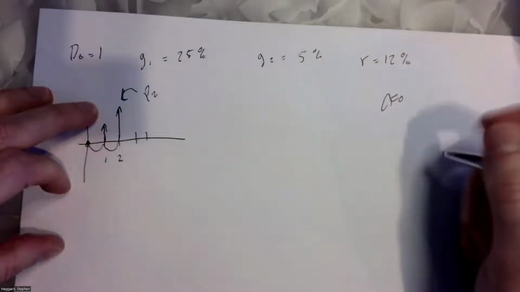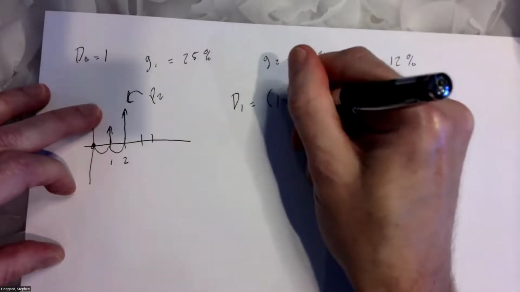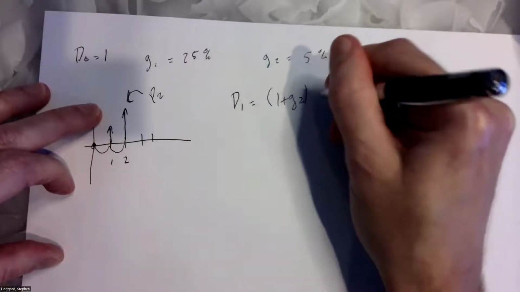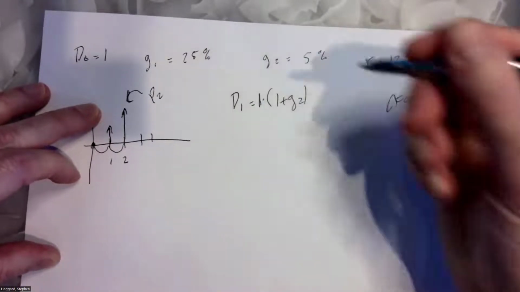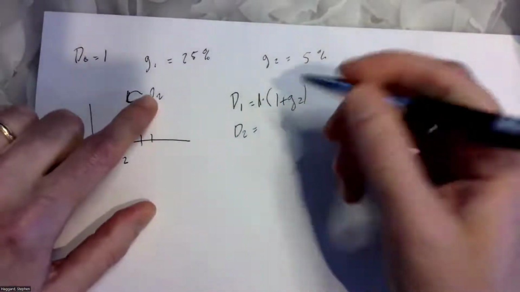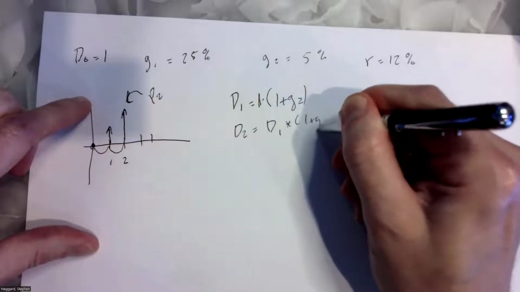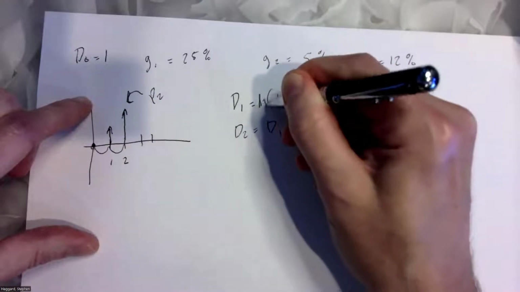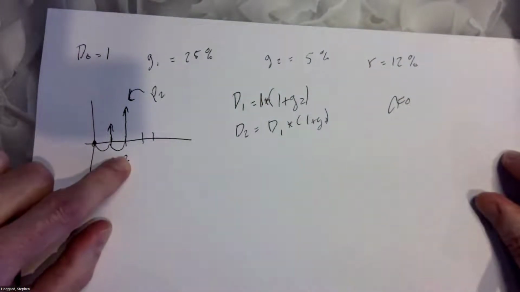And so basically we're going to have that D1 is equal to 1 plus G1 times our original D0. We're going to have that D2 is going to be equal to D1 times 1 plus G1.